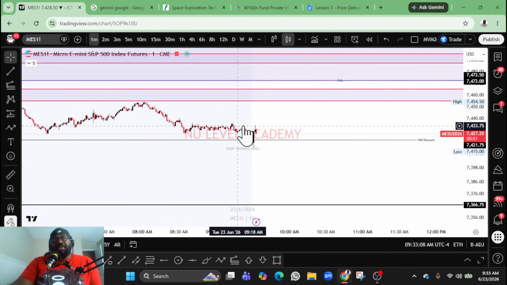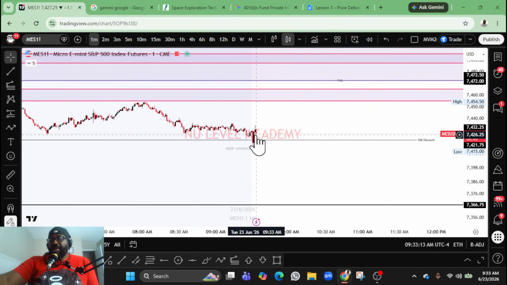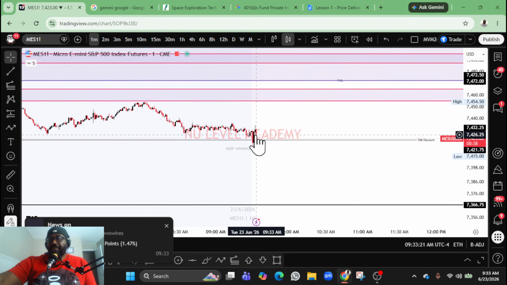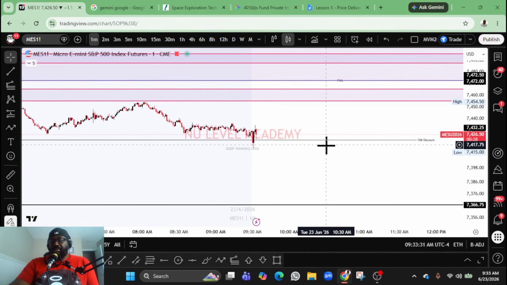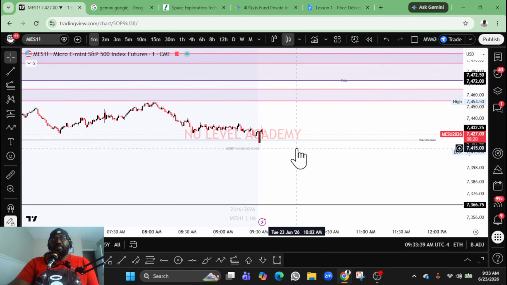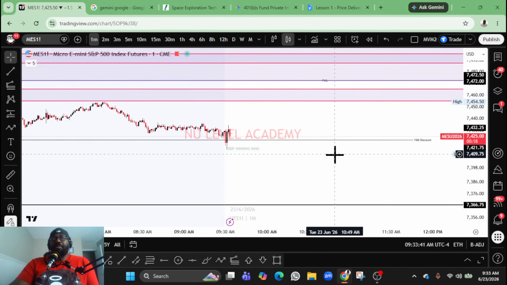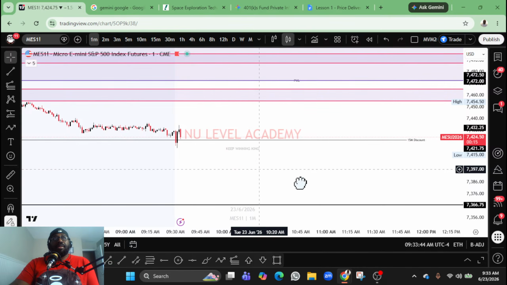It's heavy rejection right here. See this accumulation here? You got heavy rejection happening right here. Interested in seeing how this continues to play itself out. But from what I do know, we do not want to engage just yet.